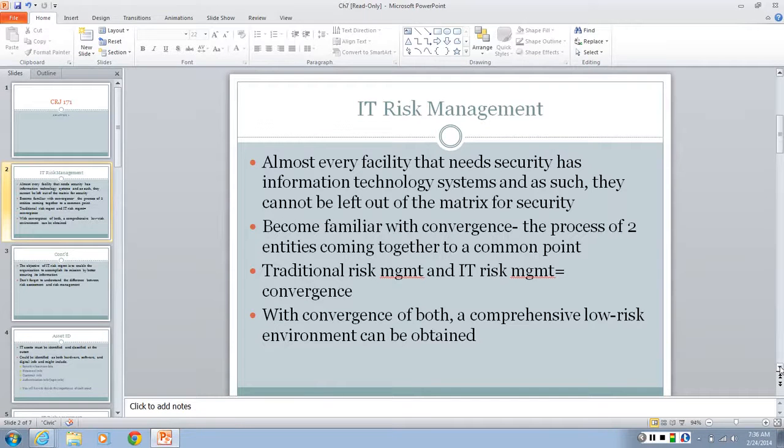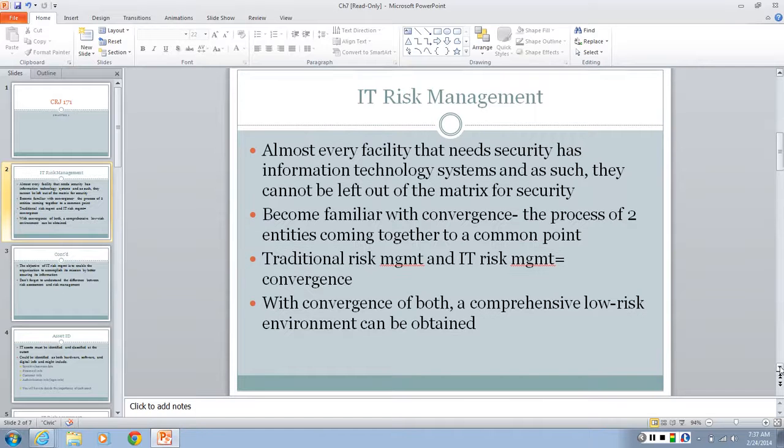Make sure they're secured first. It's just like anything else. You identify the critical things that either would result in the largest losses or the greatest likelihood of experiencing a loss, and focus on those first, and then put your energy on the rest once those things have been secured. So by doing that, we can obtain a low-risk environment.